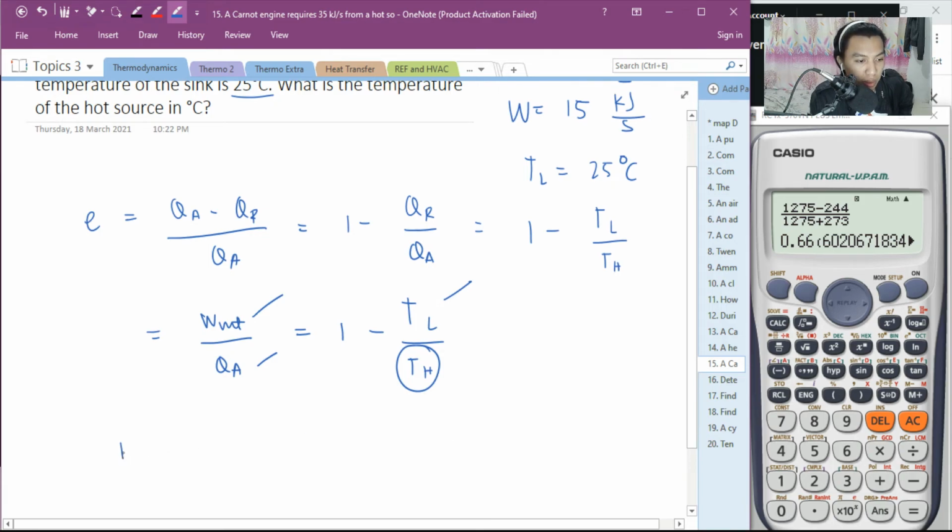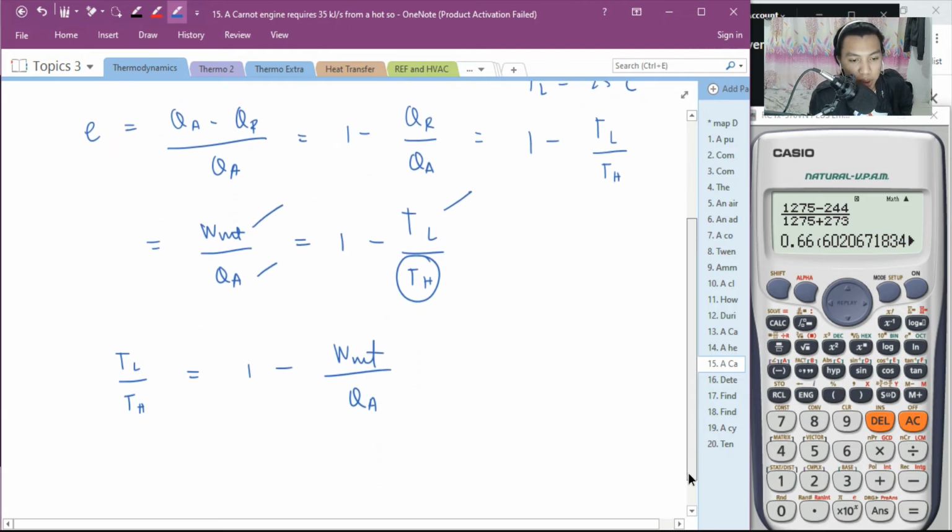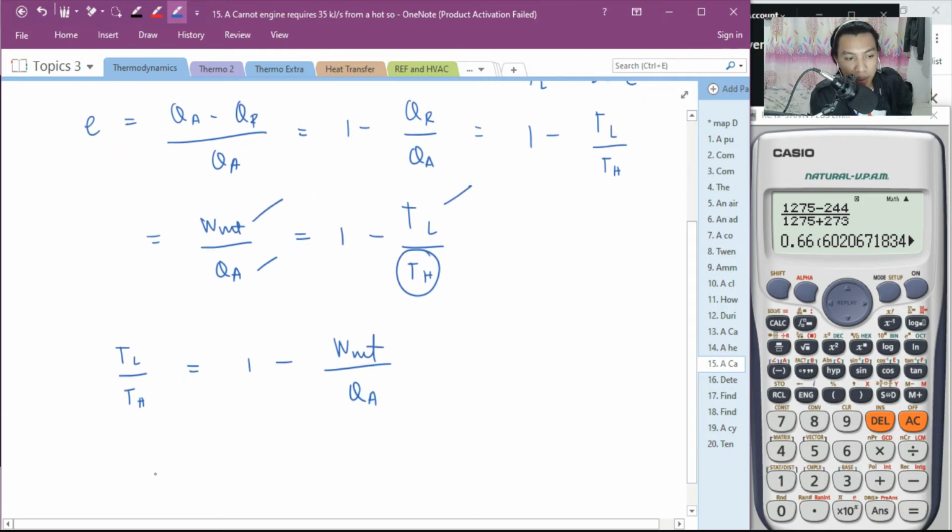So, ilipat ko TL over TH equal to 1 minus work net over QA. Bago kayo maglagay ng mga values dyan, kailangan ayusin nyo na muna sila kung ano yung hinahanap mo.